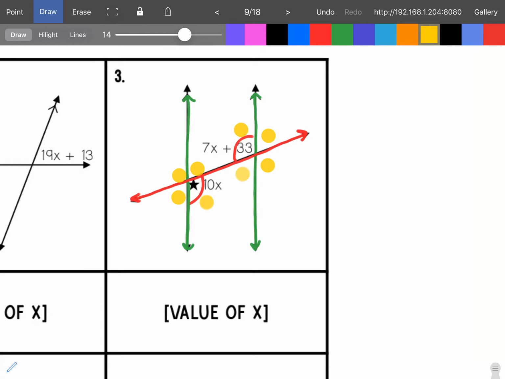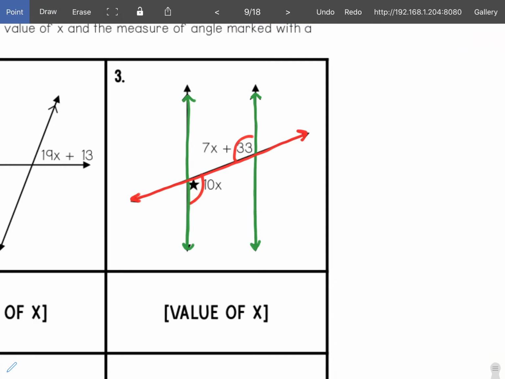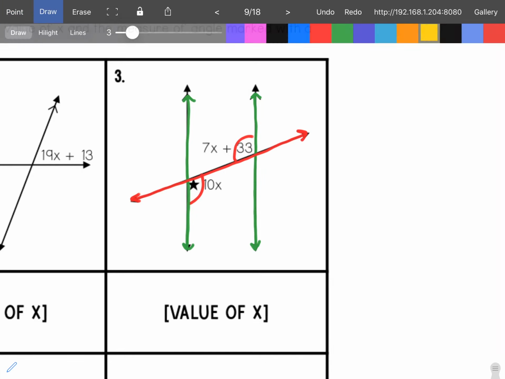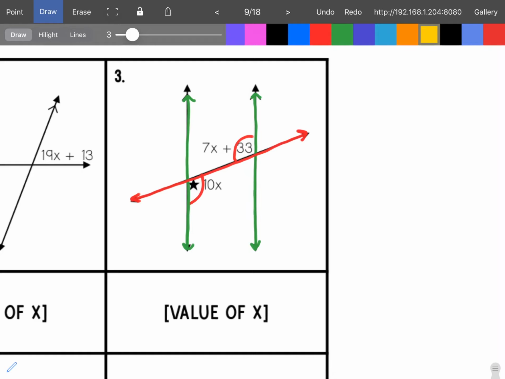That's all the angles there, okay? But I'm going to take those out so we don't get confused. Now, we have to think about what this angle and this angle are called. What is their relationship? Well, they are on opposite sides of the transversal, which means they're alternate, and they are inside the parallel lines. So they are alternate interior angles.